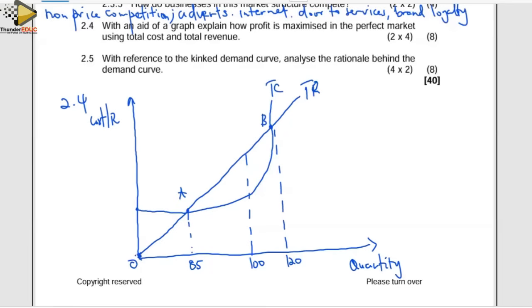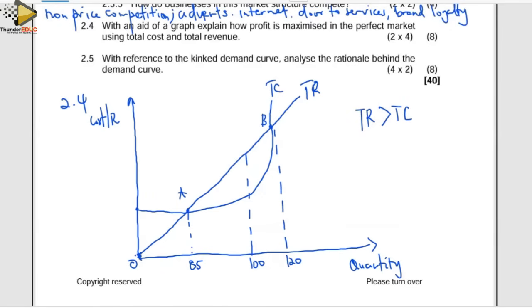The maximum point of profit is where our total revenue is bigger than the total cost by the biggest margin. The difference between the total costs and the total revenue, with total revenue being higher, must be the widest gap at a given level of output.